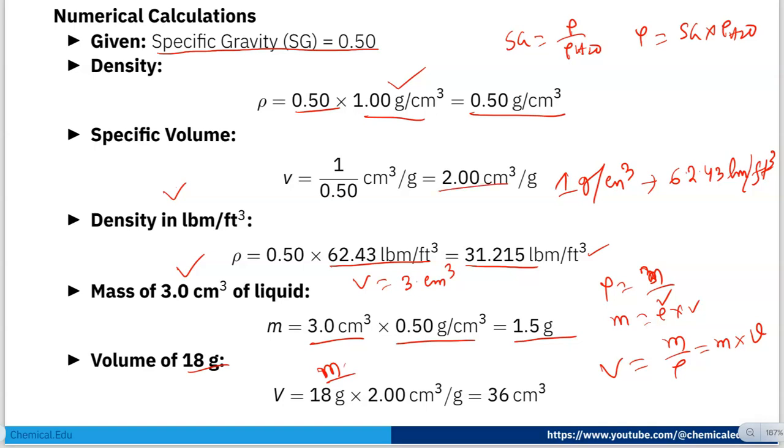Or you can do mass by density, that is also fine. If you do mass 18 by density 0.5, we get 36 centimeter cube. So here mass and this is specific volume. Okay, so that's it. Thank you.